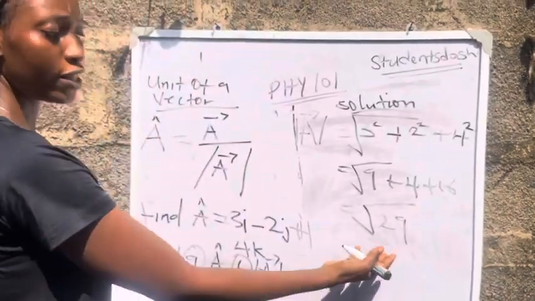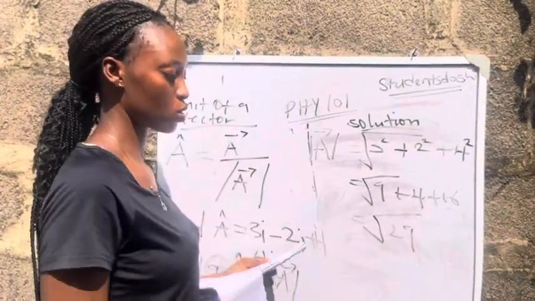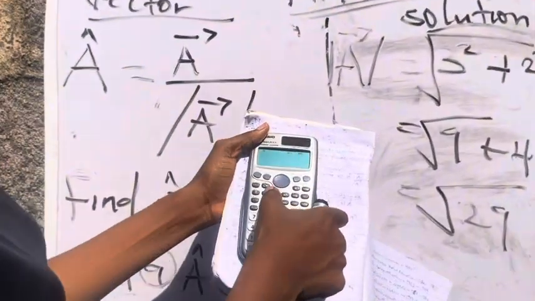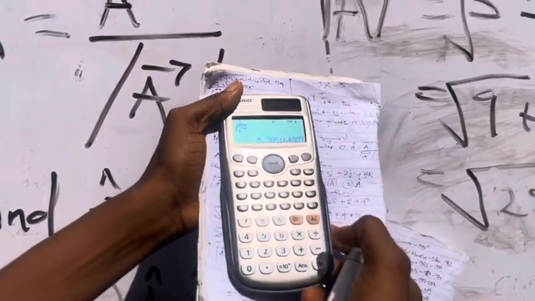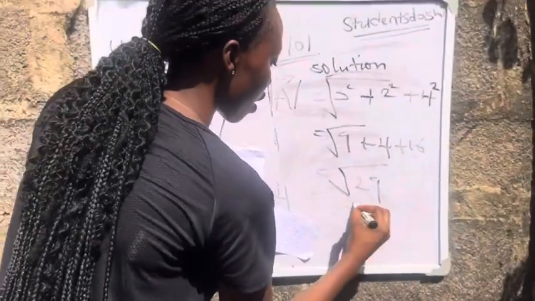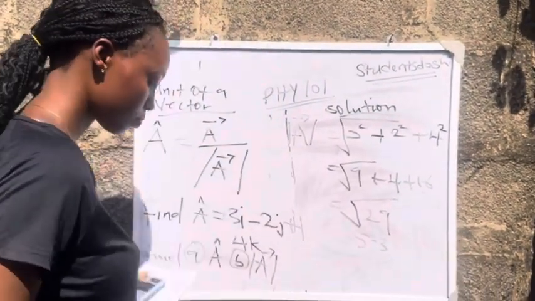Like I said before, you will not leave your answer like this, because we don't have a square root of 29. You use your Casio calculator like I said before. You press the square root of 29 equal to, you press your SD to get your answer in decimal points. We have 5.3. So this is our magnitude.